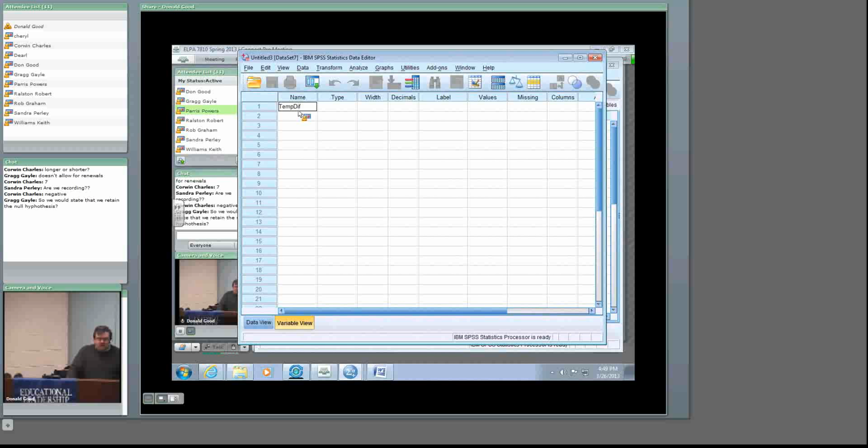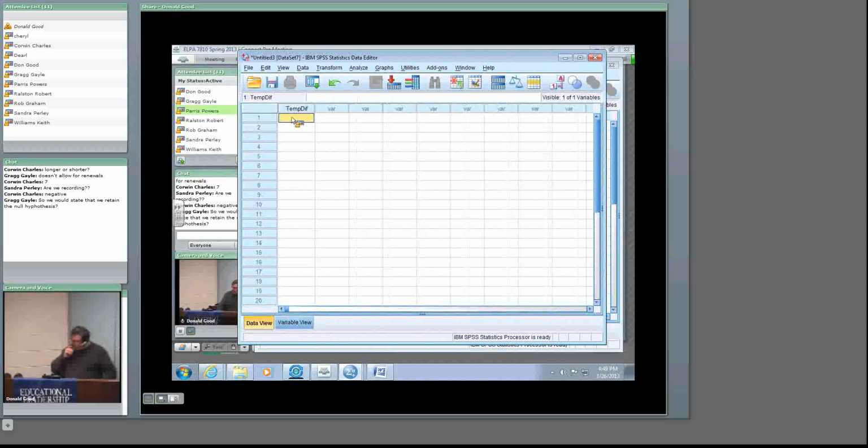And then I'm going to click Data View, so that becomes a column heading. And I'm going to put those 10 numbers underneath that. And they are 1.7. And watch me, because we well know I can mess this up. Whoops, I already messed it up. 0.7, I said. 0.7, 0.9.